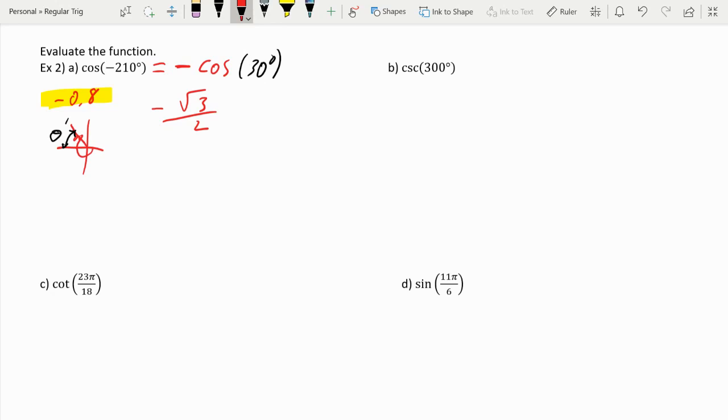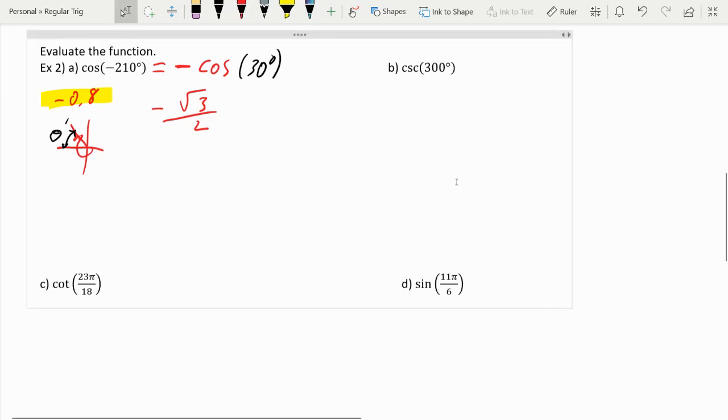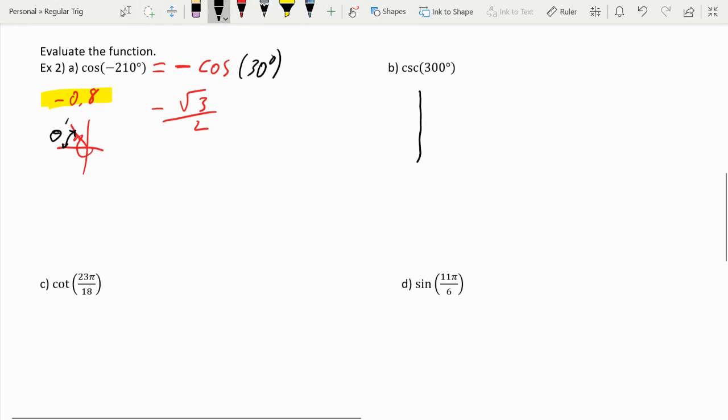So cosecant of 300 degrees. Well, 300 degrees would be over here because remember there's 270. So it would be in the fourth quadrant.